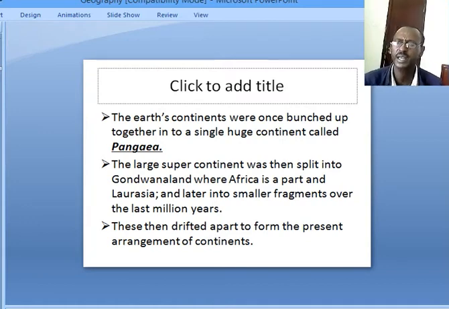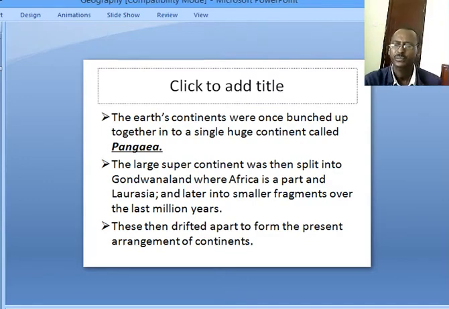The continents were once bunched up together into a single huge continent called Pangaea. Millions of years ago there was a Pangaea. This large supercontinent started to split into what we call Gondwanaland, of which Africa is a part, and Laurasia, and later into smaller fragments over the last million years.